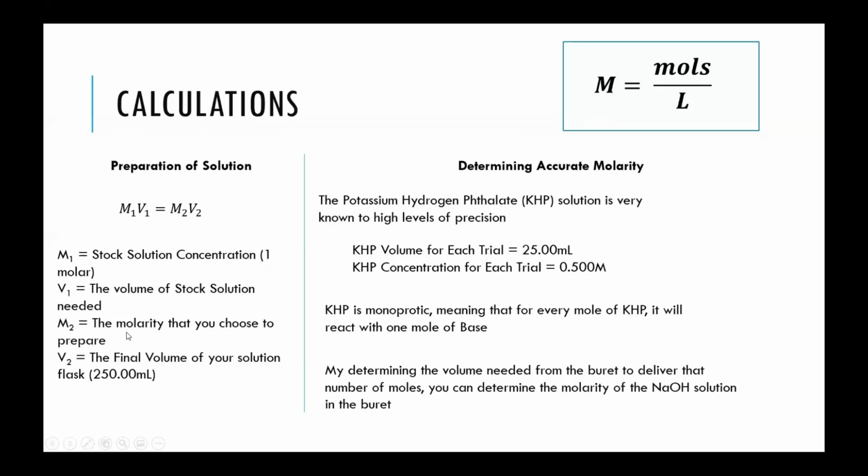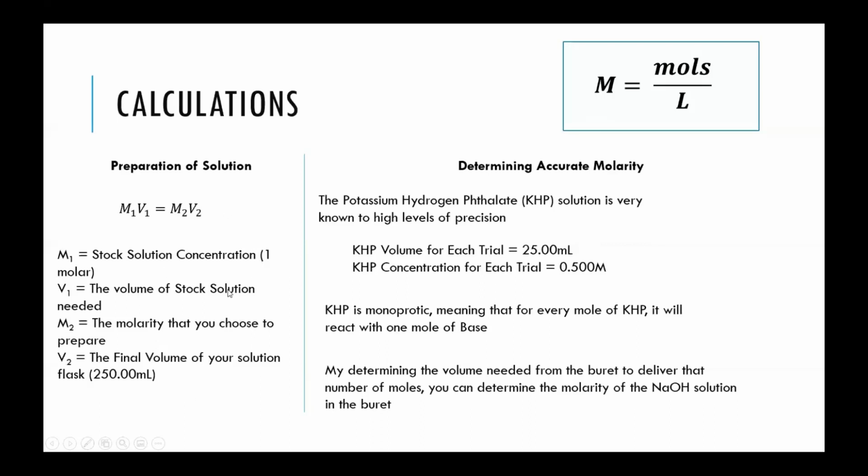Once you have that, the final volume of your solution is the 250 milliliter volumetric flask, which has a significance of out to 2 decimal places. So overall, when you calculate your solution, you'll be getting 3 significant figures at the end.